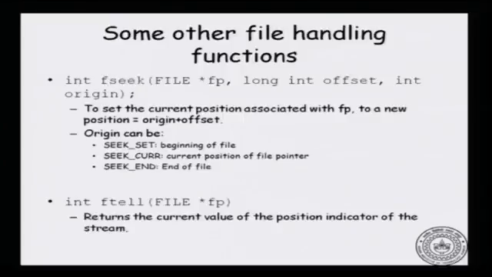What it takes is the file pointer and two arguments. One is known as the offset and the other is known as the origin. Let us look at the offset and the origin in greater detail. Suppose I want to read from the 10th byte of the file. Suppose my file pointer is FP, and I want to read from the 10th byte from the beginning of the file.